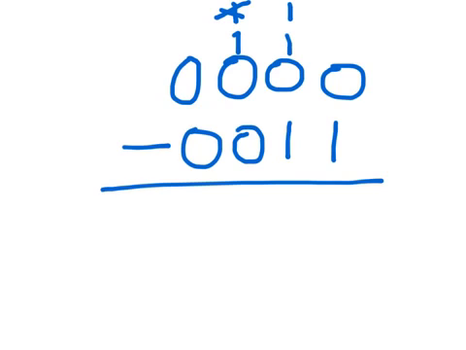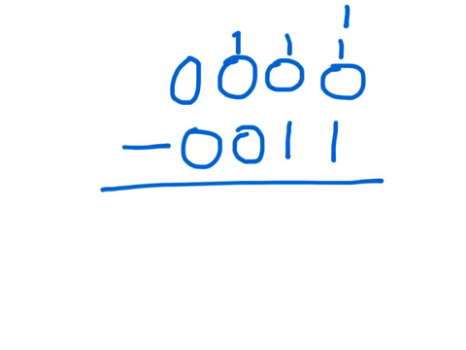The 1 in the 2's column is actually 2. So now we have destroyed one of these 1s, which is actually a 4 because it's in the 4's column, and now we have 2 1s in the 2's column. We can destroy one of those, and now we have 2 1s in the 1's column, which is the same thing as 2.